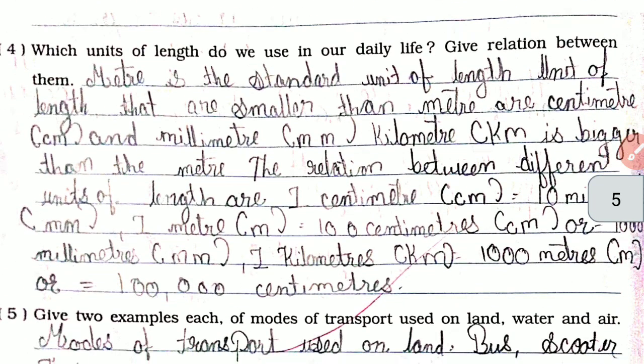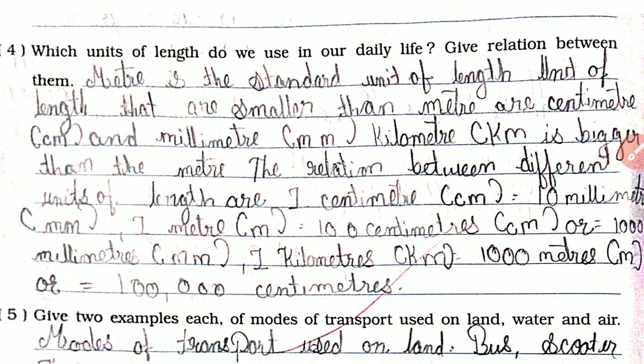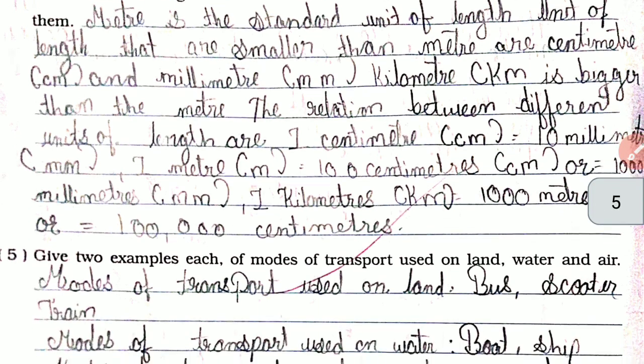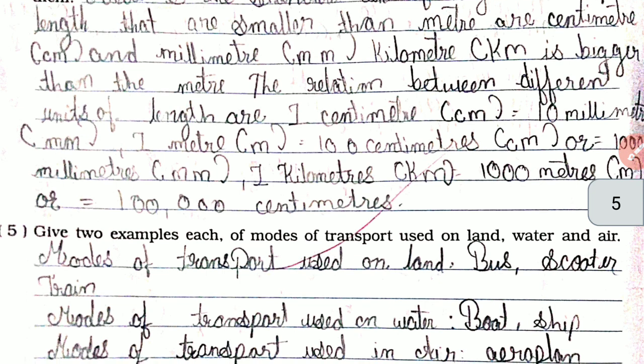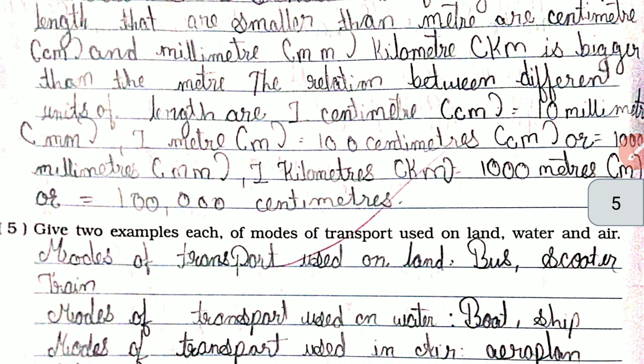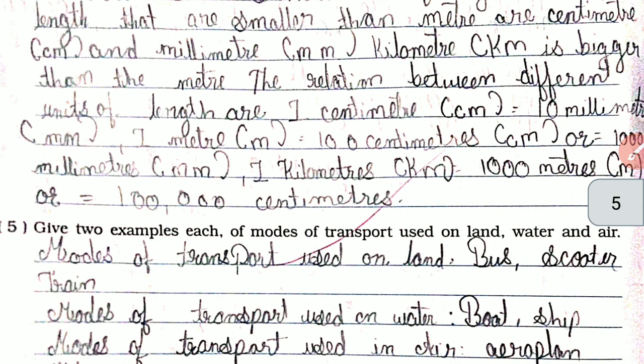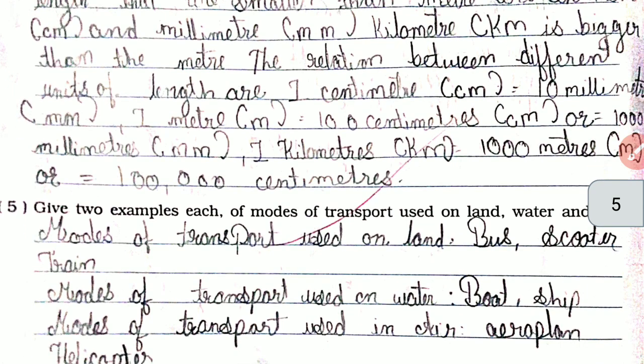Fourth number, which units of length do we use in our daily life? Give the relation between them. Meter is the standard unit of length. Units of length that are smaller than meter are centimeter, cm, and millimeter, mm. Kilometer, km, is bigger than the meter.